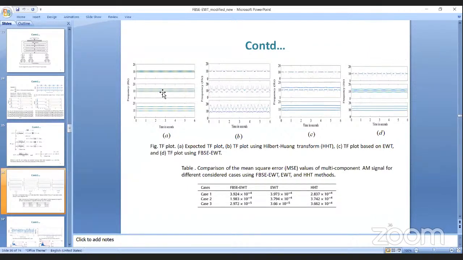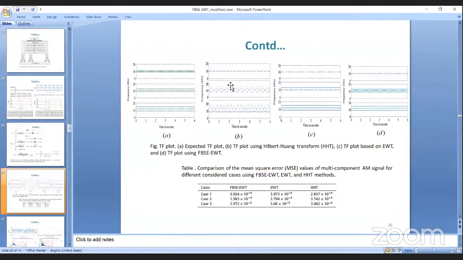That is because these signals are synthetically generated from our side, so we know the actual time frequency representation. The second plot is the time frequency representation obtained using the Hilbert-Huang Transform, HHT. Here you can see that the time varying frequencies detected do not correspond to the actual frequency components.